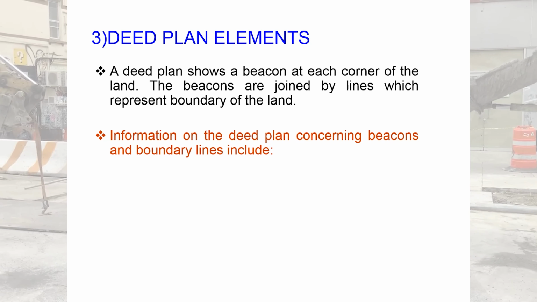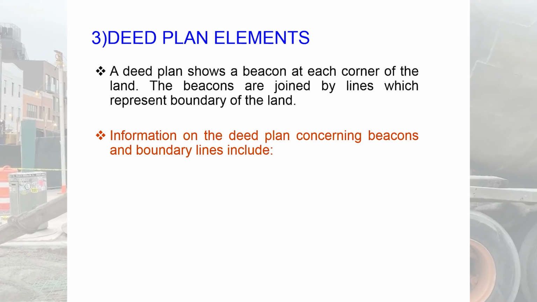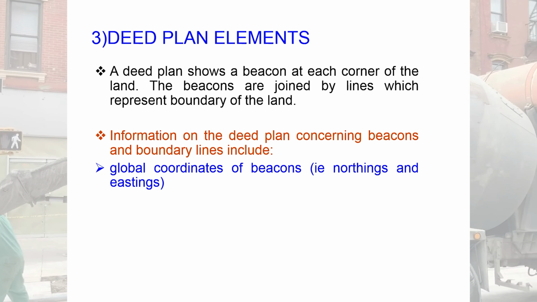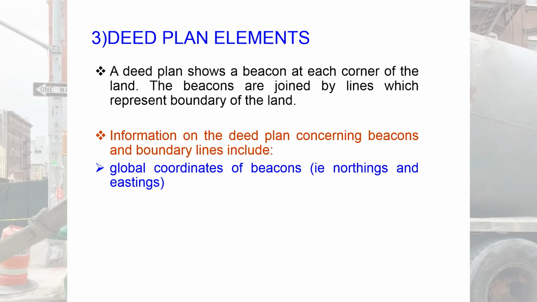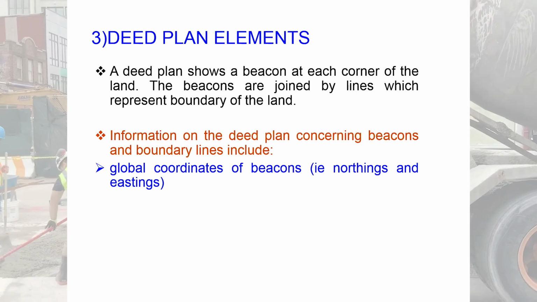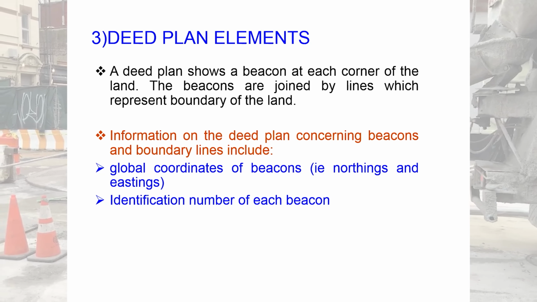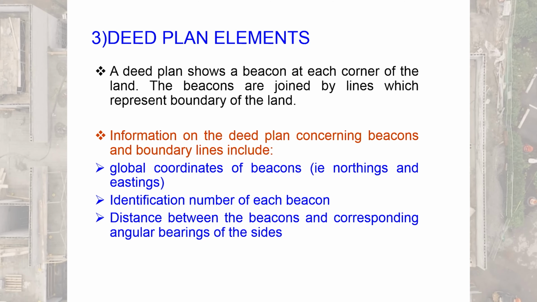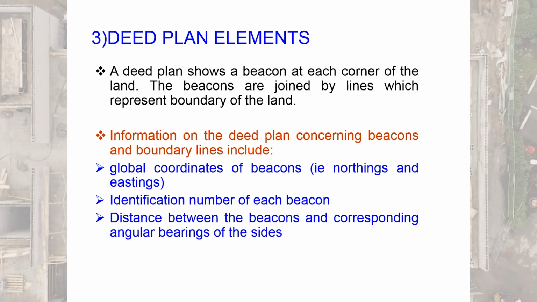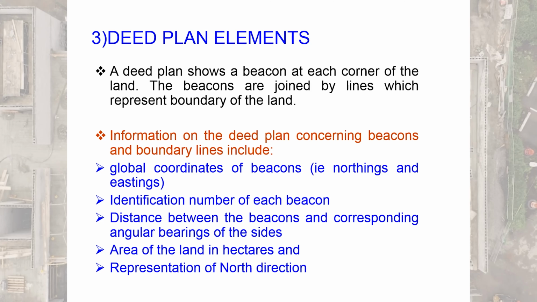Information on the deed plan concerning beacons and boundary lines includes global coordinates of beacons, which constitute northings and eastings, related to global position on Earth; the identification number of each beacon; distance between the beacons and corresponding angular bearings of the sides; area of the land in hectares; and representation of the north direction.